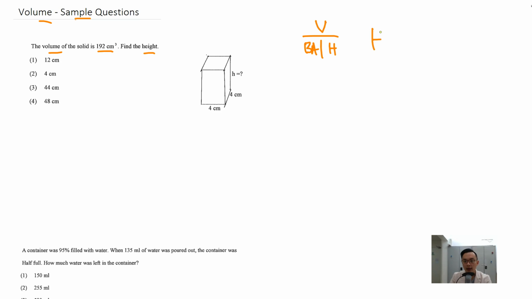So if I want to find the height, it equals volume divided by base area, which is 192 divided by base area, 4 times 4, equals 12 cm. So that's the answer, which is number 1.